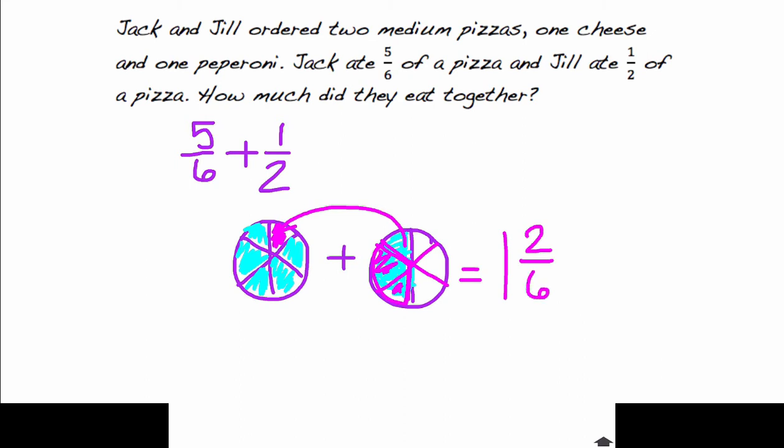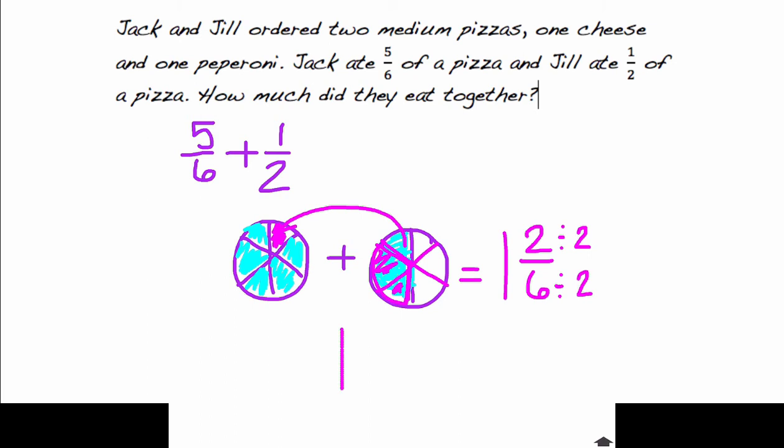And just a reminder, we are going to simplify our fraction, and so we are going to take the time to divide the numerator and the denominator by the biggest possible number we can get to go into it, which in this case is 2.